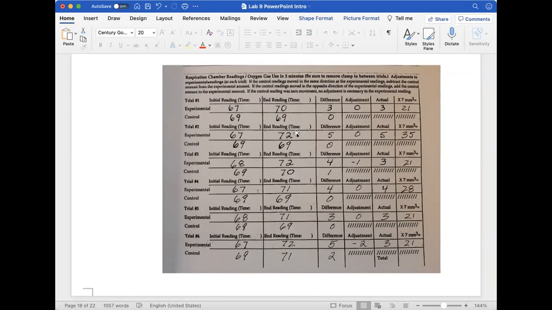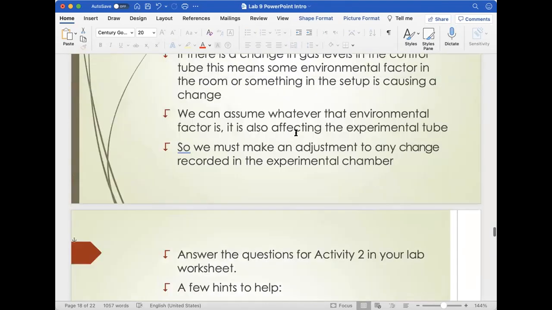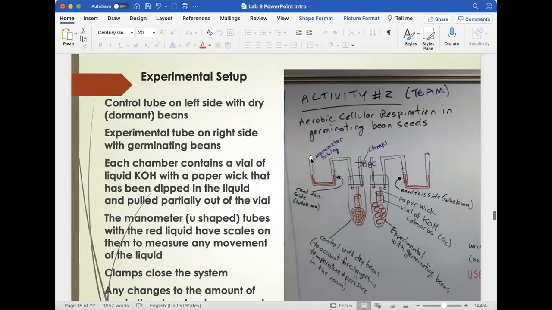So let me just take you through this one more time. Let me take you through these vials, these U-shaped tubes. You're reading a side of the fluid, and the fluid will go up or down. The change in fluid levels signifies the amount of oxygen that's being used, because the other side of the tube is filled with oxygen.